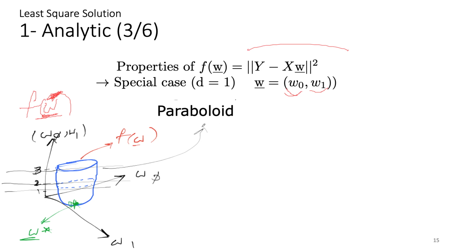We call this a paraboloid, okay? And if you see, this paraboloid is convex, right? I can pick any two points on the surface or inside, and when I connect these two, they're still inside or on the graph. So if you visualize it this way, that's your W star.